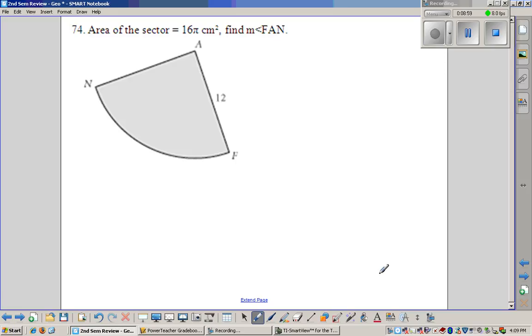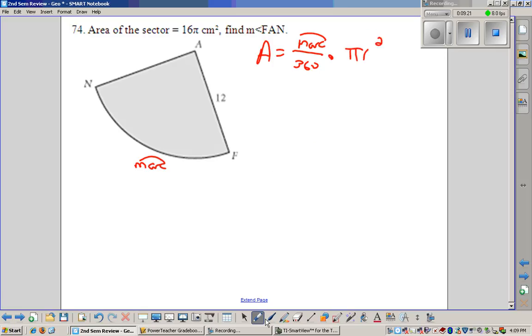Okay, finally here in number 74, we have the area of a sector. Now a sector formula goes like this: the measure of the arc over 360 times pi r squared.